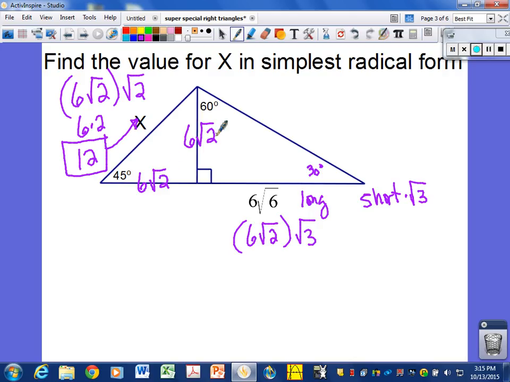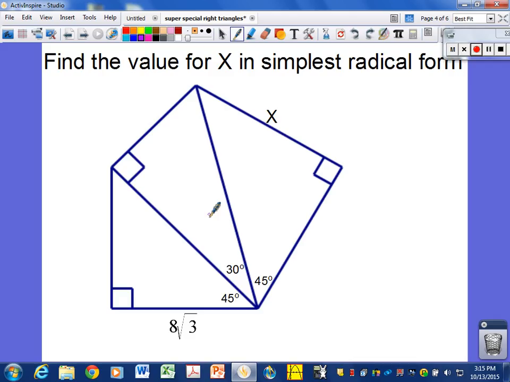Okay, so remember, this is a short leg of the 30, 60, 90, but it's also the isosceles leg of your 45, 45. So if you can determine which is which, these ones are quite fun, actually, to do. I know you don't think they're fun, but maybe so one day.